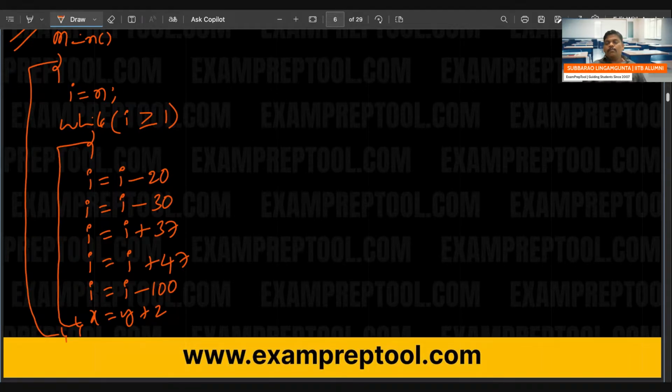Sahil saying n by 66. Ashok, what is the answer? Let's see the Ashok also. What is the Ashok opinion? Sahil saying that n by 66.